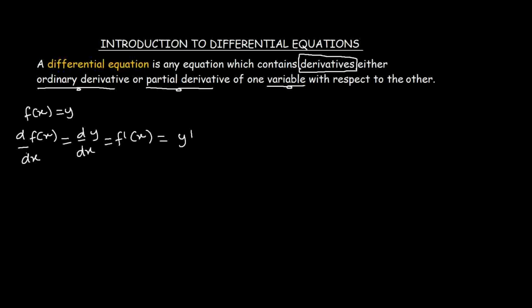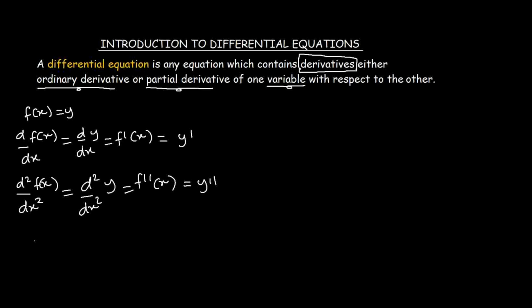So let's write the second derivative of the function f of x also. That will be d squared f of x over dx squared. This will be the same as d squared y over dx squared, and that will be equal to f prime prime of x, and it will be the same as y prime prime. So these are the different forms you can write the second derivative of the function f of x in.